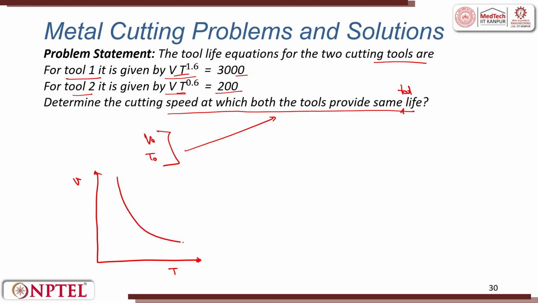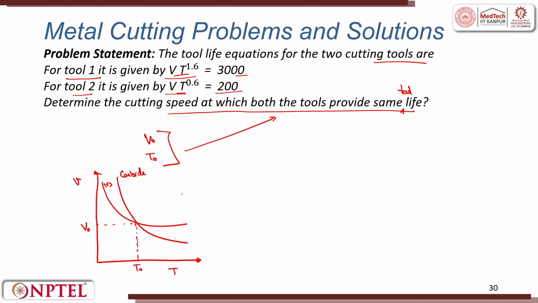There is one tool here, then we have a second tool here. Let me say for example, this is carbide, this is HSS. There is a point here, of the cutting speed V naught, where the tool life is the same. This we need to find.